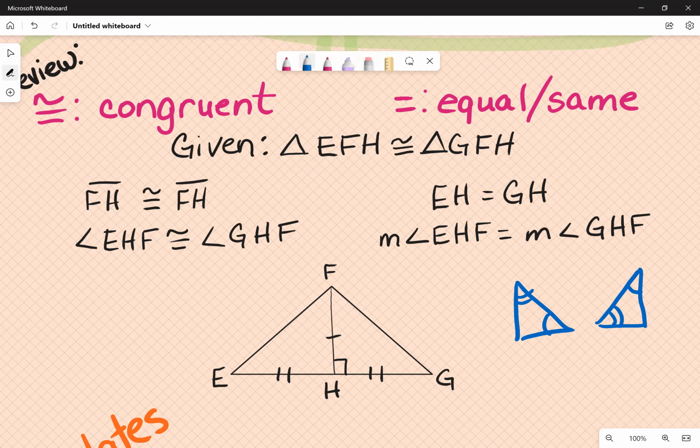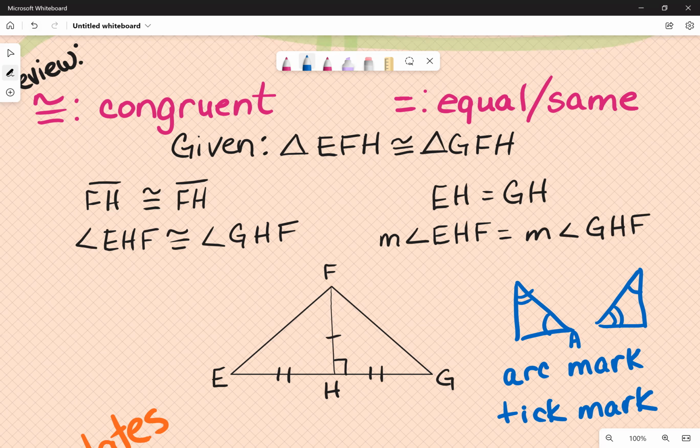How do I know? Because I'm looking at what's called an arc mark. And like I said, the arc mark is kind of like the tick mark. The tick mark is what I was just referring to a few minutes ago over here. That's a tick mark. And for your arc marks, they go with the angles. You have to look at the number of arc marks that you see so you'll know what goes with what.